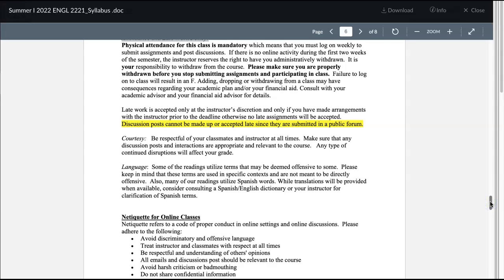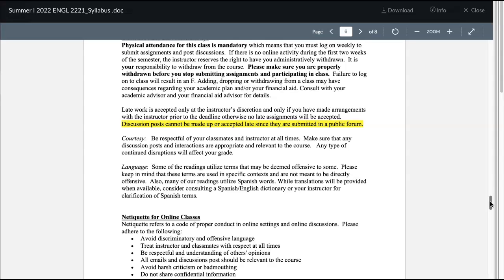And of course, please make sure that you're respectful to everybody in this course. Like I said, there's many issues that plague the border, and a lot of them tend to be political. A lot of them tend to deal with human rights. So make sure that you express your opinion in a respectful manner, and also make sure that you're open to different opinions without feeling offended just because people don't agree with you.